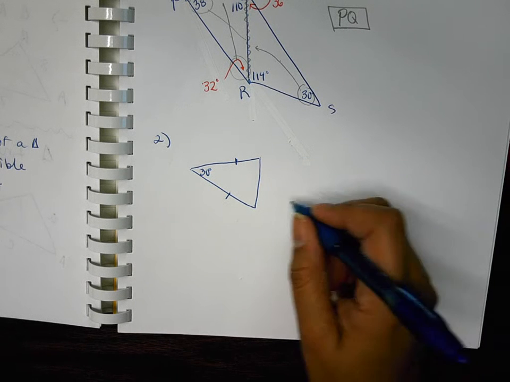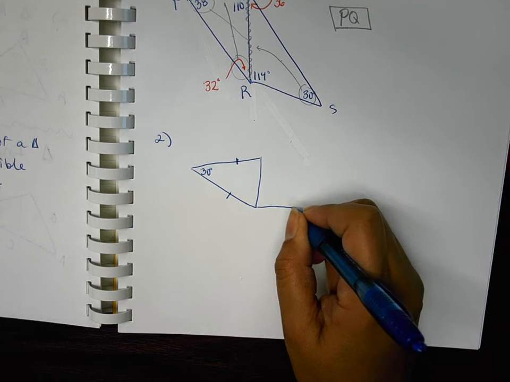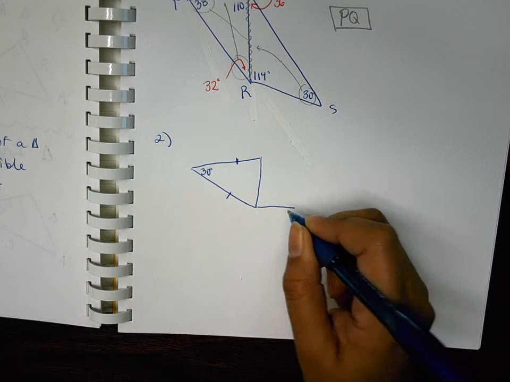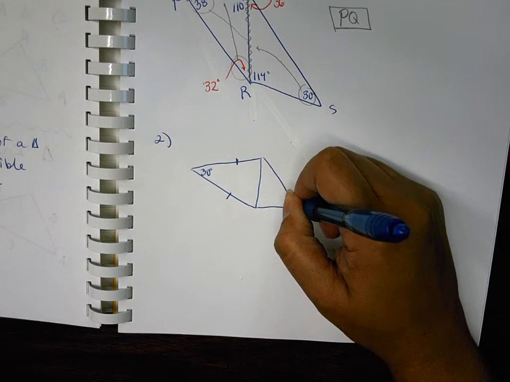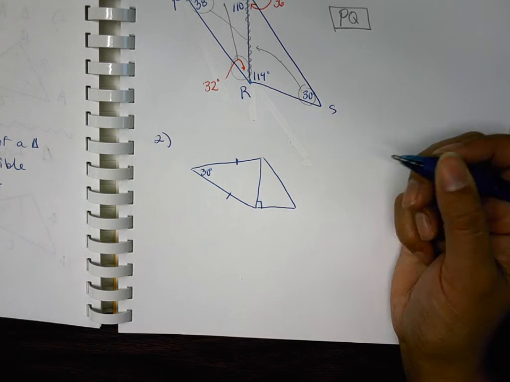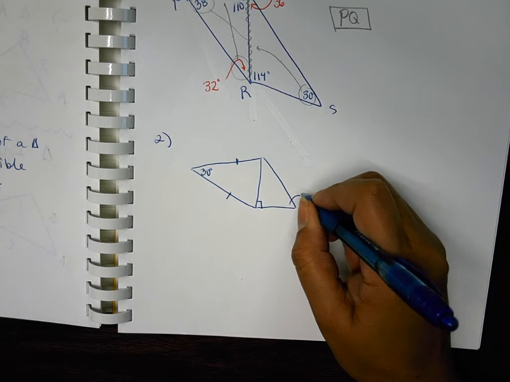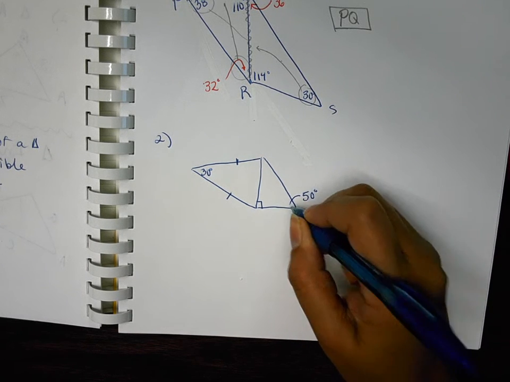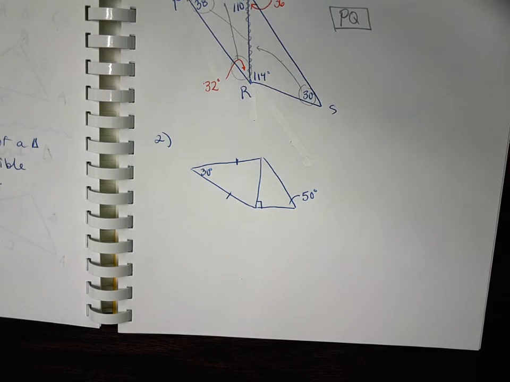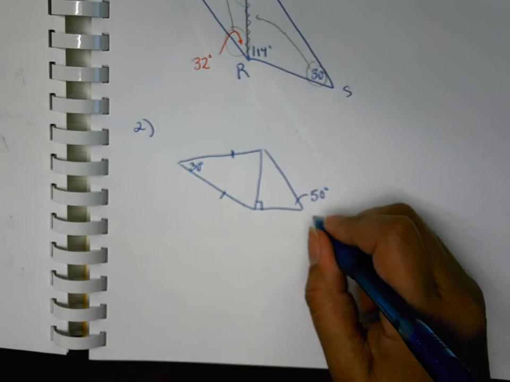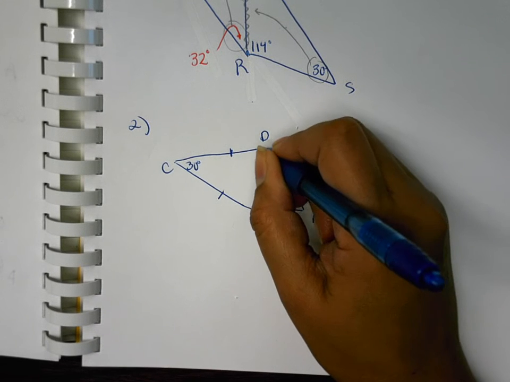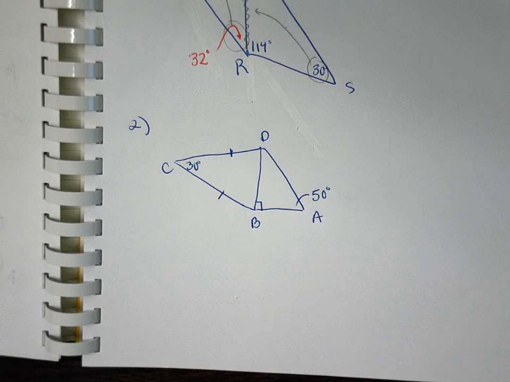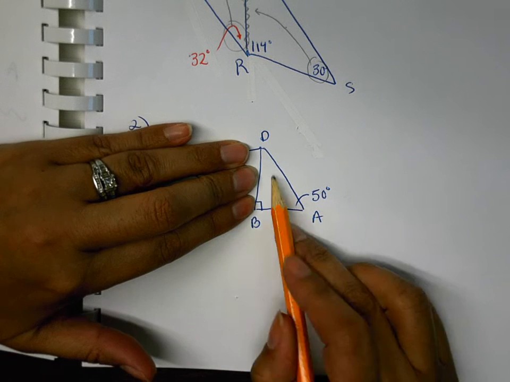All right. Okay, I'm going to put some letters in. This is A, please stop the talking, B, C, and D. Okay. Do you have enough right now to find this angle up here?